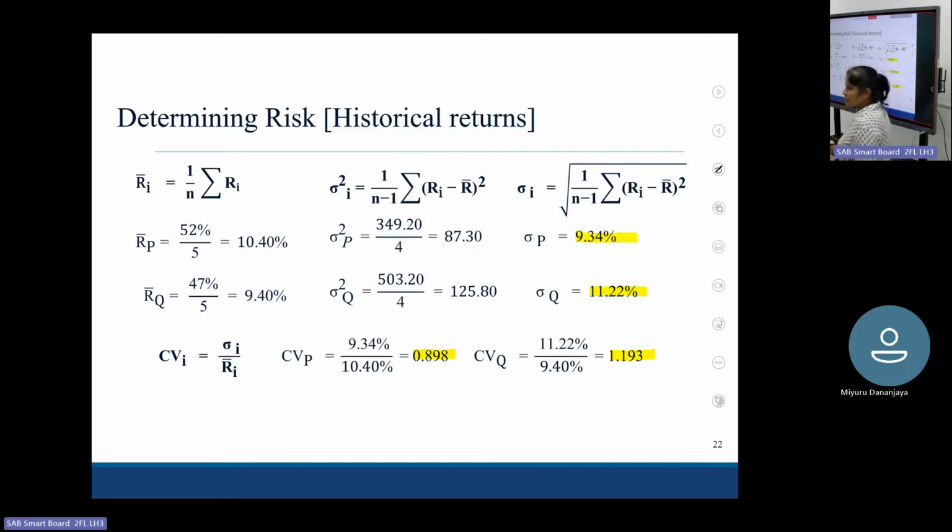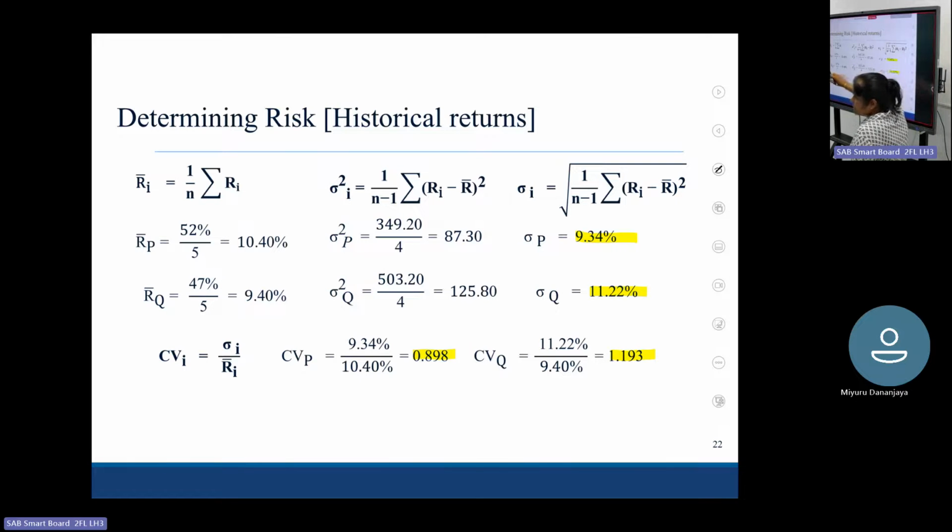If you are going to invest in the low risk security, which will you select, P or Q? P. Based on the standard deviation, it shows it is low, but there is a problem.